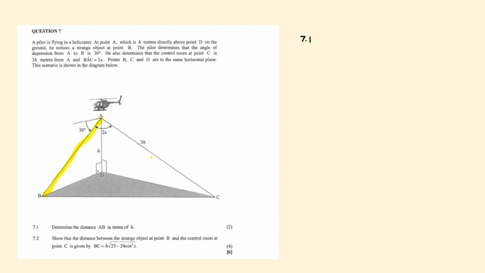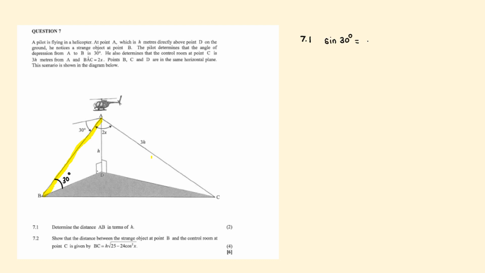So which means that if you stand at B and you look up at the pilot, you will have an angle of elevation of 30 degrees, right? So now we need to look at the relationship between 30 degrees, AB and H, right? And we see that the relationship between those three variables is sine.